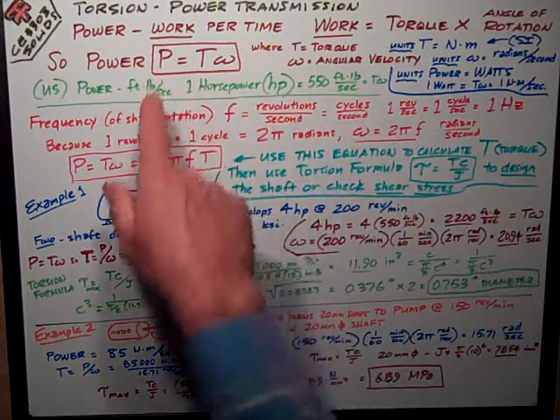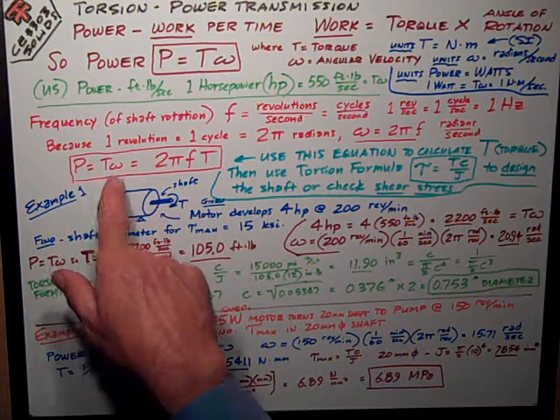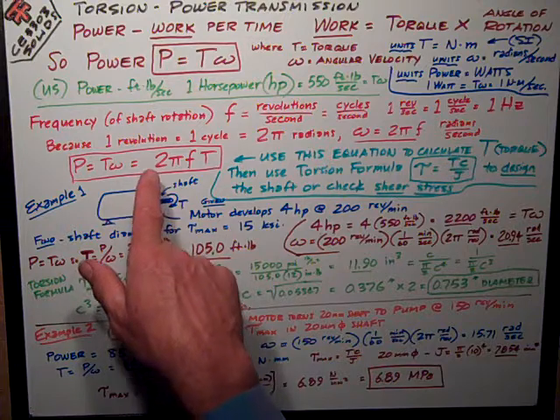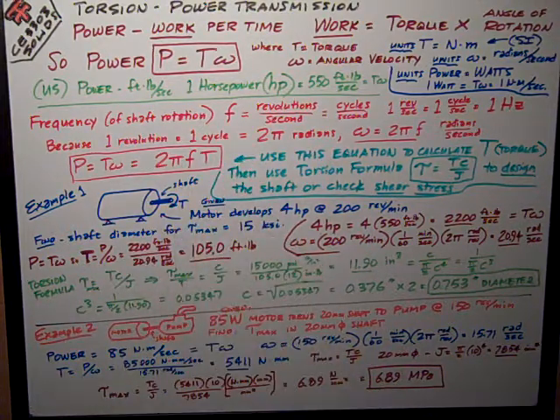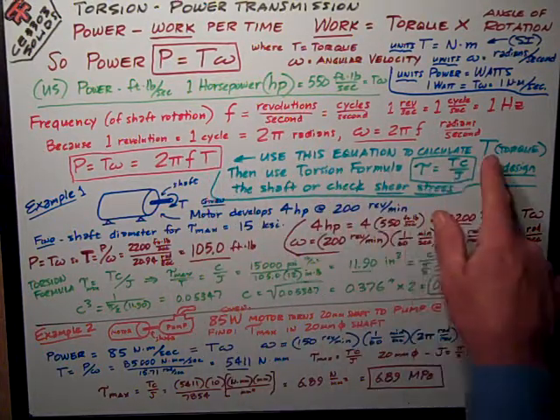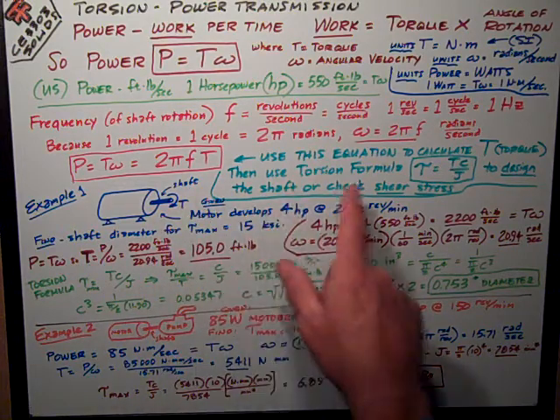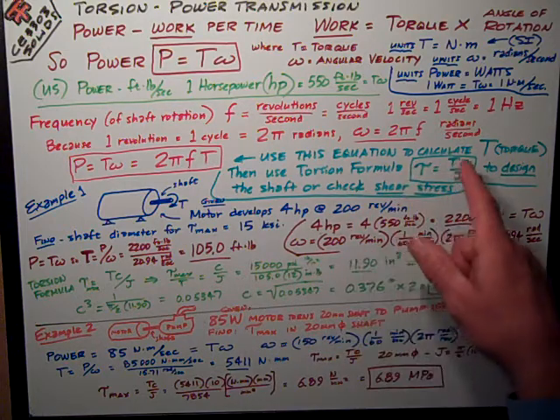So I can rewrite my power equation as power is equal to torque times angular velocity, which is also equal to 2 pi frequency times the torque. And so we're going to use this equation to calculate torque given power and angular velocity or frequency.